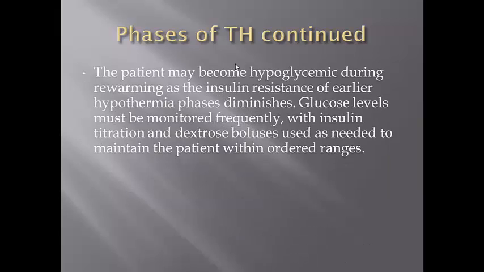The patient also may become hypoglycemic during rewarming as the insulin resistance of earlier hypothermia phases diminishes. Glucose levels must be monitored frequently, with insulin titration and dextrose boluses used as needed to maintain the patient within ordered ranges.